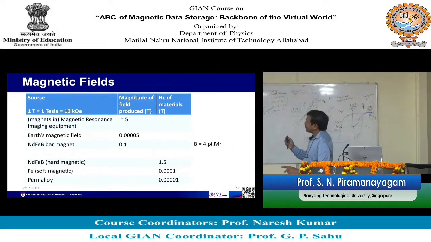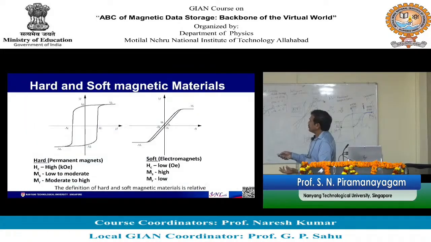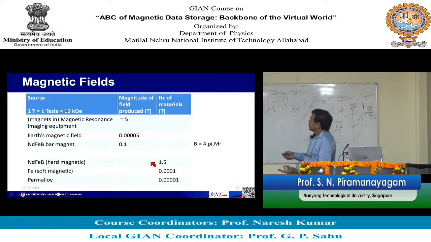To give you some idea of the kind of field I am talking about, I say coercivity is high. How high is high? How low is low? So I am giving you some idea of field here and some idea of the material property here. For example, the Earth's magnetic field is about 0.00005 Tesla.